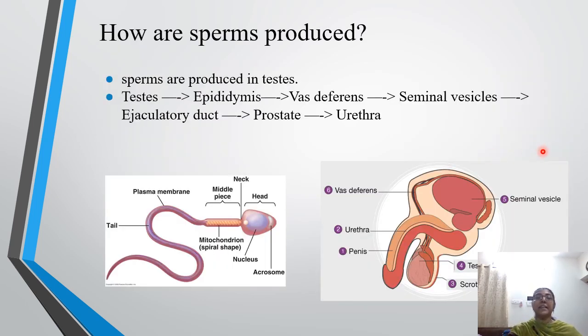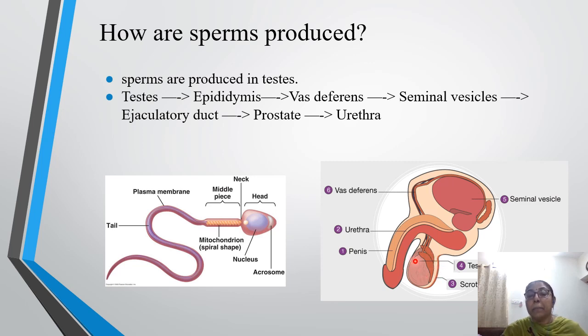Next we will see how these sperms are produced. As I said, they are formed in the testis, through the spermatogenesis process, which is the formation of haploid sperms.